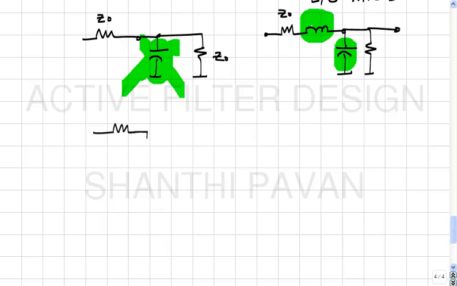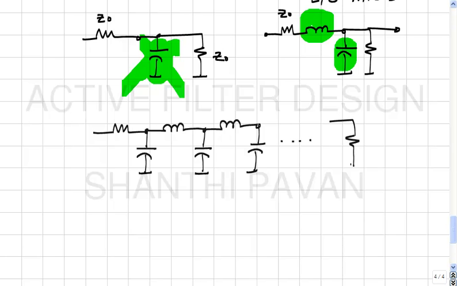Yeah, so there are many, so the basic idea is to do something like this, or you could also, for example, put the inductor first, capacitor next. This is a capacitor, inductor, capacitor, inductor.